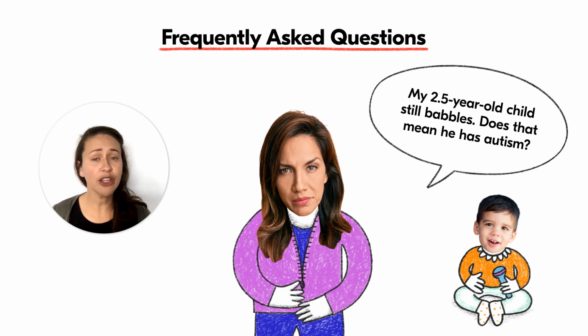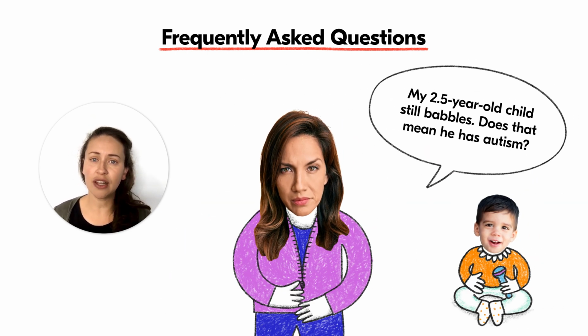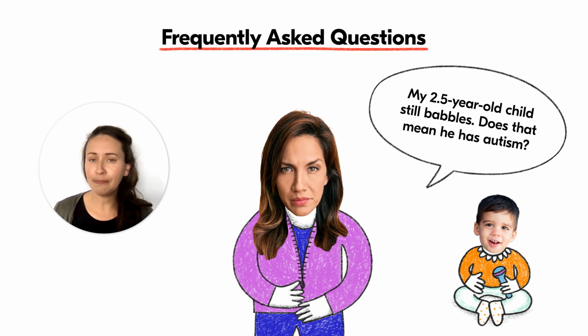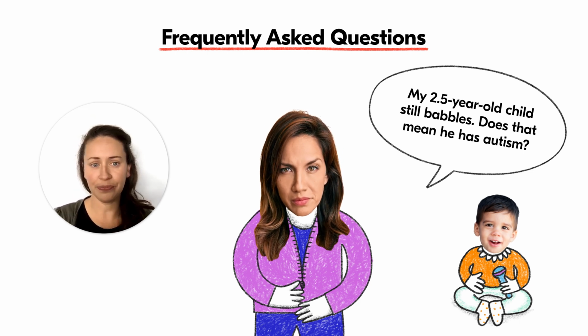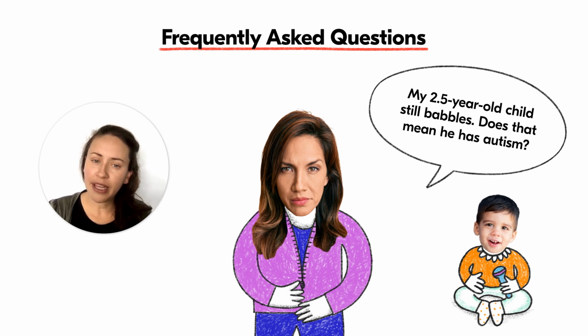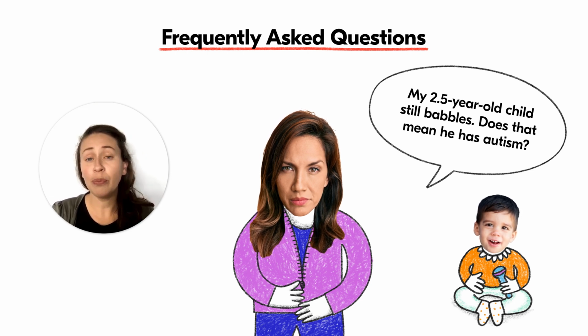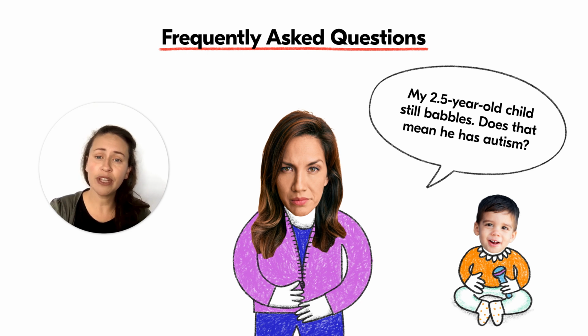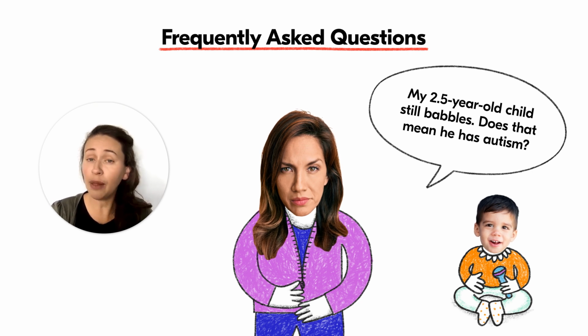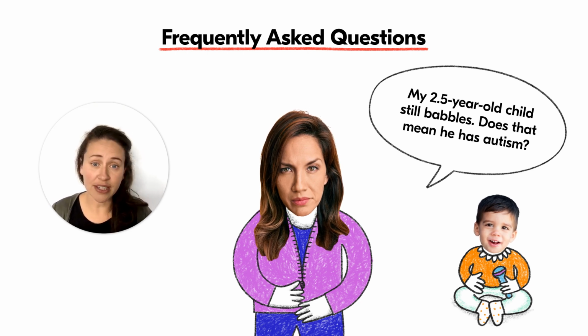The next question: my 2.5-year-old child still babbles. Does that mean that he has autism? Babbling may not only be a form of communication, but it can also be a strategy that a child may use to help him or her stay regulated.